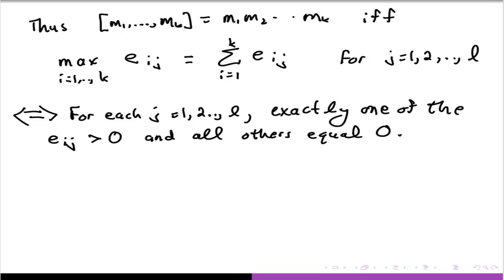Right? If two of them were positive numbers, then certainly the sum would be bigger than the maximum of all those values. So, well, what does that mean?